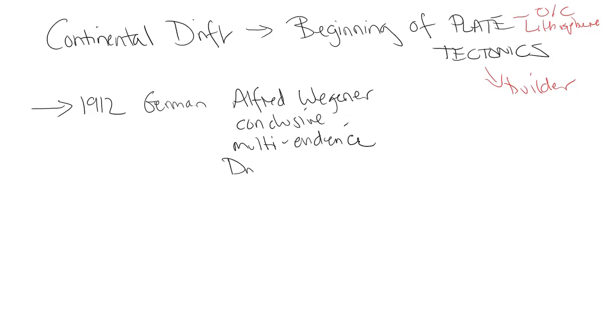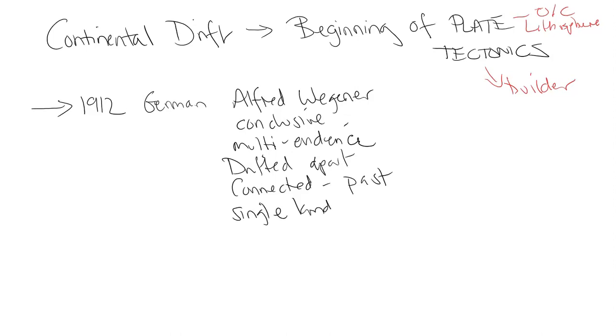So they have drifted apart for a long time, millions of years, and they were once connected in the past in a single landmass that we call Pangaea.